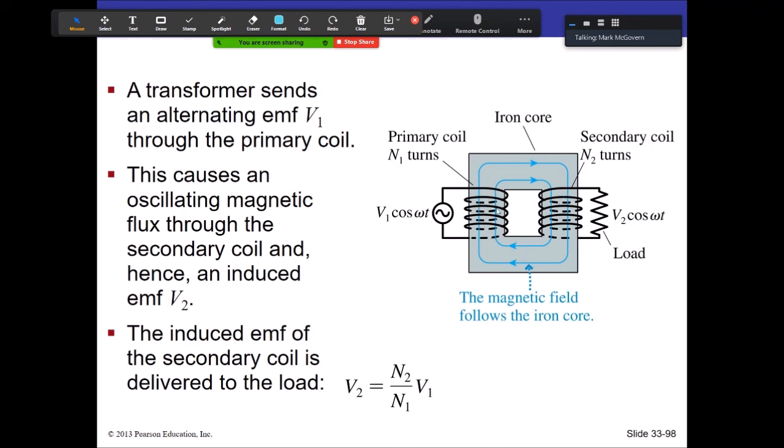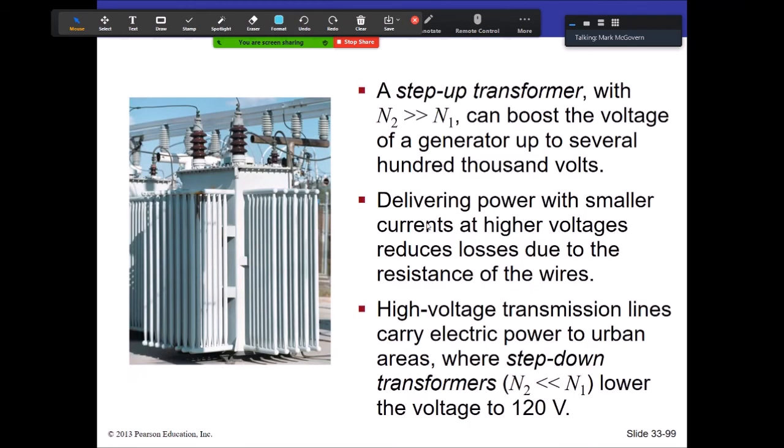So this will have a magnetic field that changes, but because this is in a place that's nearby, and this iron core helps to reinforce the field in its sort of circular nature here, that generates a current in the secondary coil here. One real common example of that is, you see transformers all the time when you drive around town and you see telephone poles. You typically see them at transformer stations.